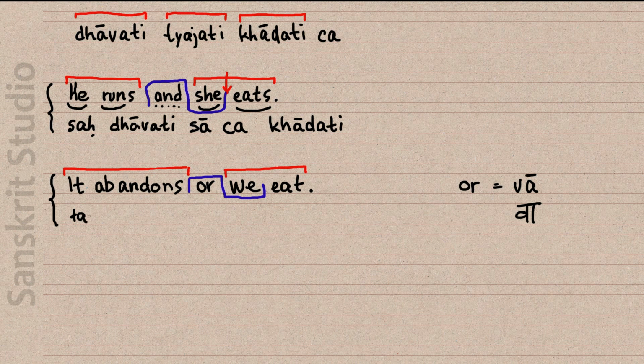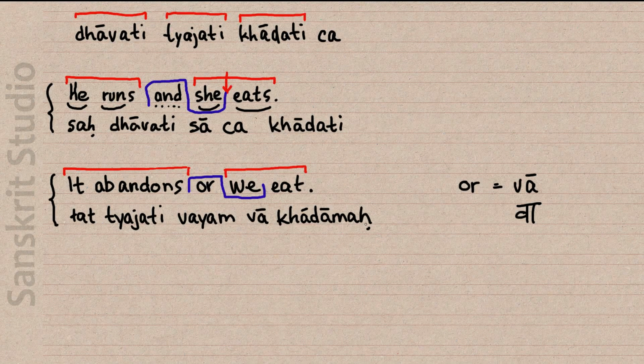So tat tyajati, third person singular, or we, so we have to say vayam vā, eat, khādāmaḥ. Like that. So it abandons, or we eat. Tat tyajati vayam vā khādāmaḥ.